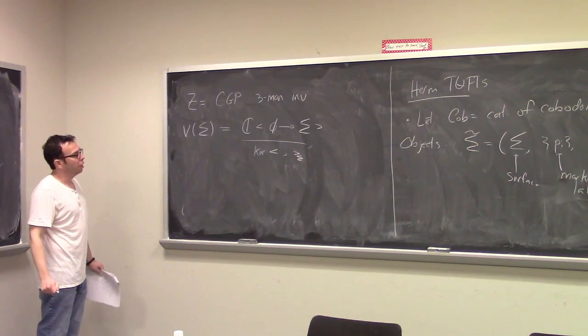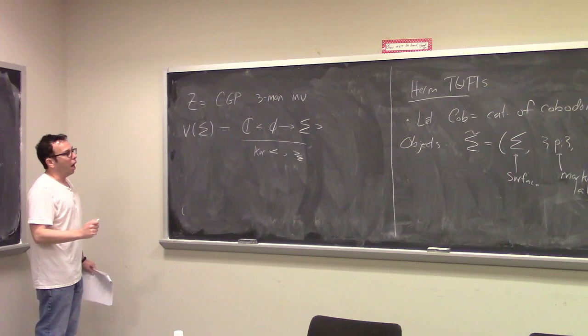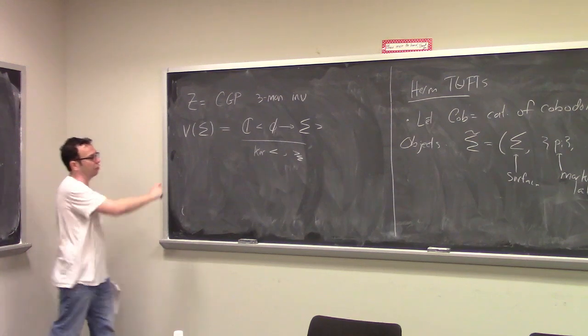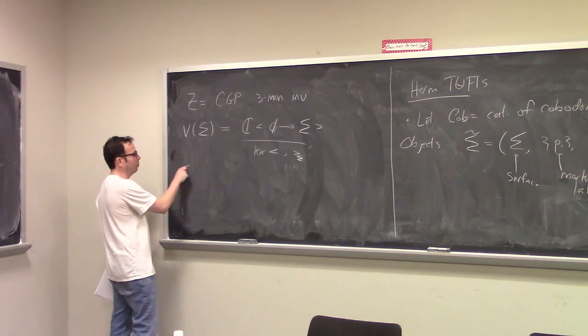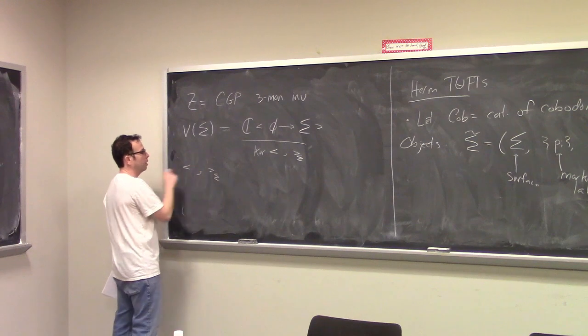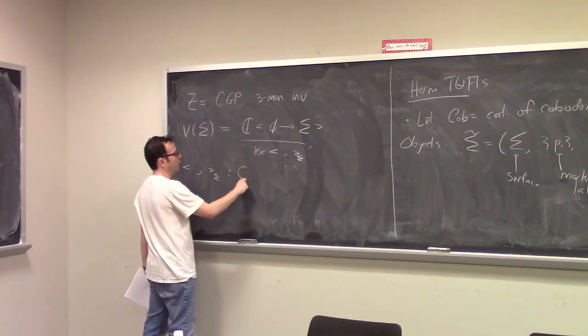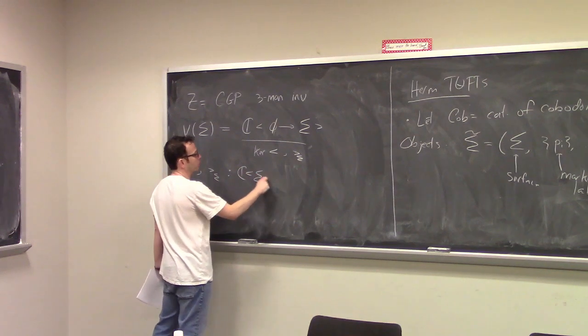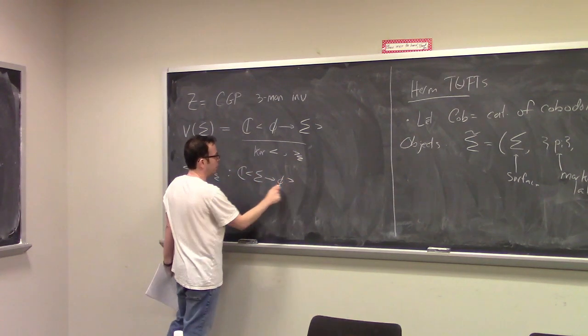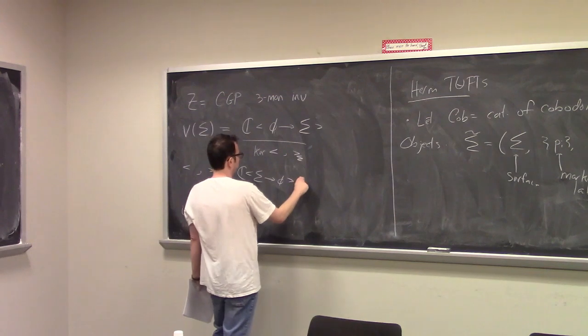Which kernel? I'll say what this form is. This form takes in a cobordism from the surface to empty across.